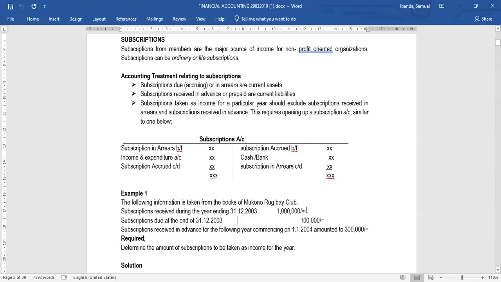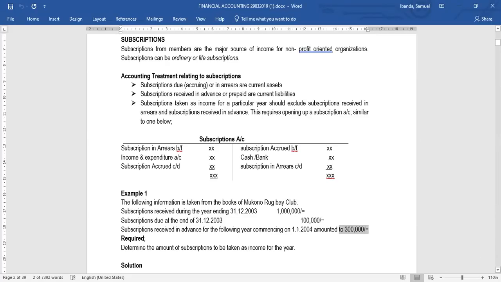Get this 100,000 that was not received, add subscriptions that relate to this financial year, because even if they have not been received, they relate to this financial year. So add the 100,000 right on it. And then anything that relates to the next financial year, remove it. So add the 1 million that was received, add the 100,000 that was not received but still relates to this financial year, and less the 300,000, you still come to 800,000, which we've just gotten through the ledger accounts.